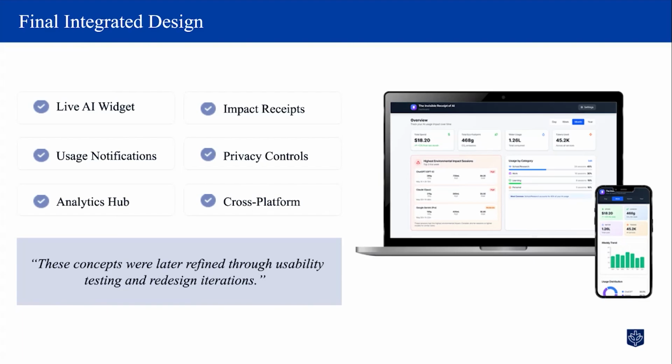By supporting both the desktop and mobile experiences, the system provides awareness and transparency while remaining lightweight and non-disruptive to everyday AI workflows. These concepts were later refined through usability testing and redesign iterations, which we will discuss next.